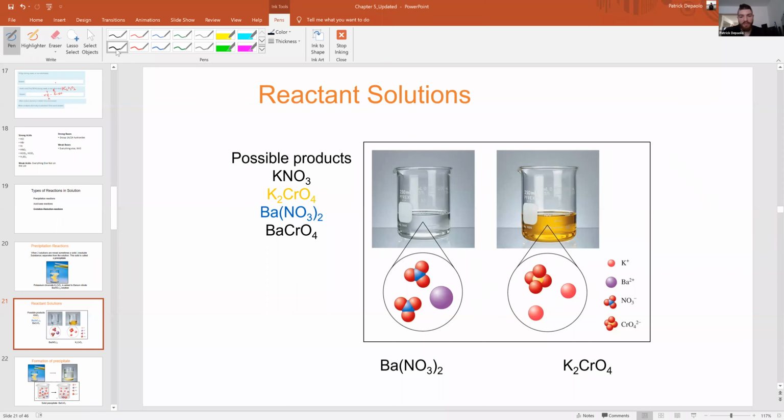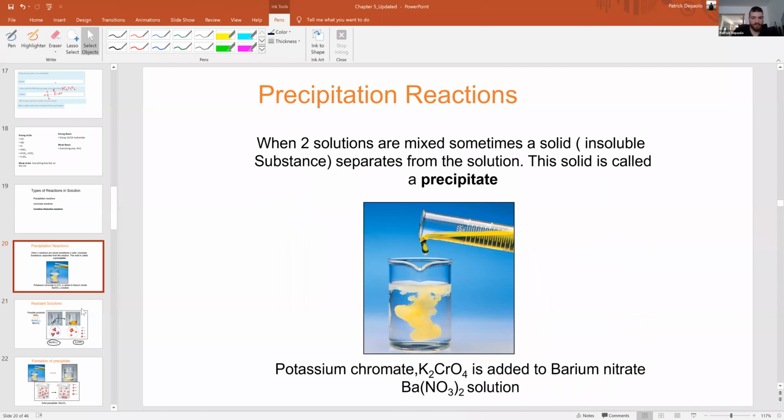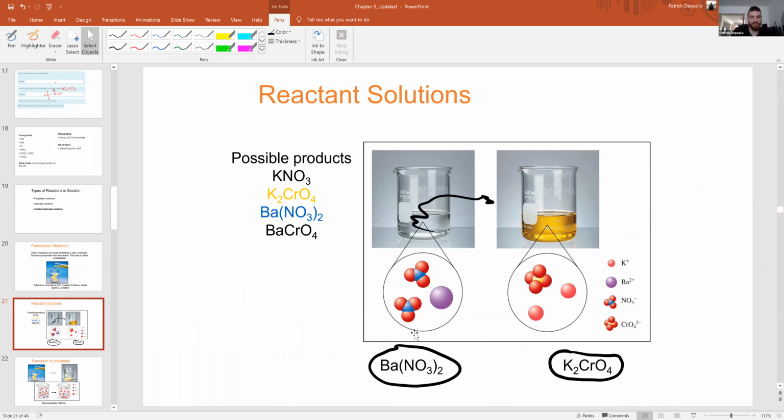Let's say you're going to add barium nitrate to potassium chromate, or is it dichromate? Yeah, I'm right, chromate. Even I need a refresher on the polyatomic ions sometimes.